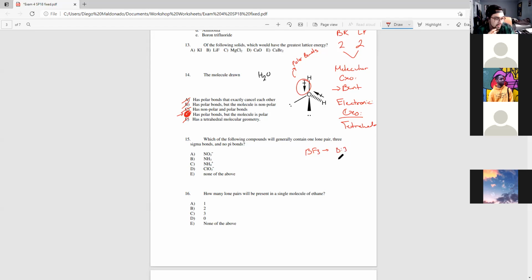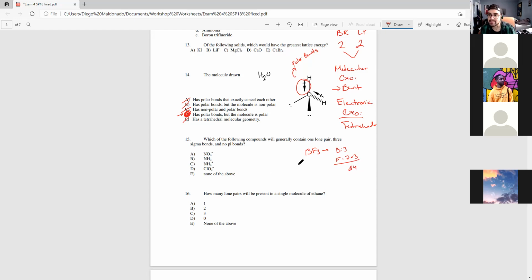Then how many valence electrons does fluorine have? 7. 7 times 3. So how many total? Wouldn't it be 24? Because 7 times 3 is 21 plus 3 is 24. There you go.